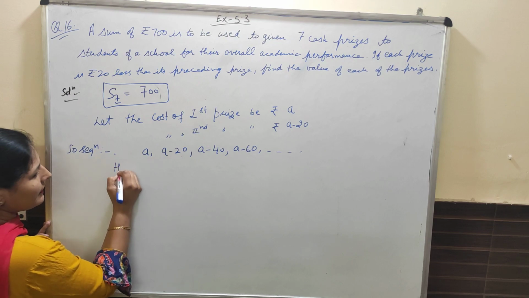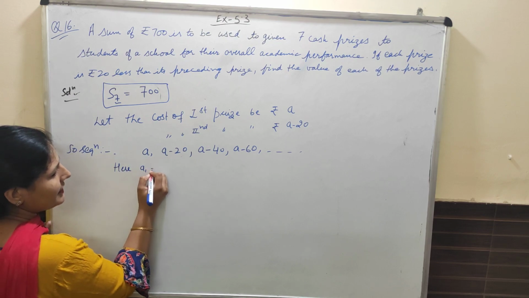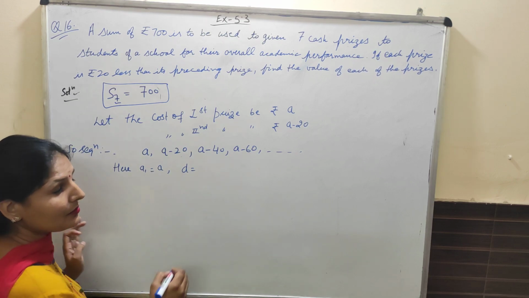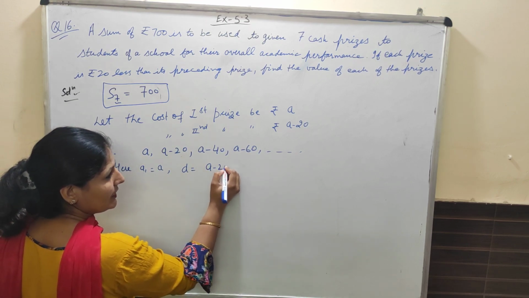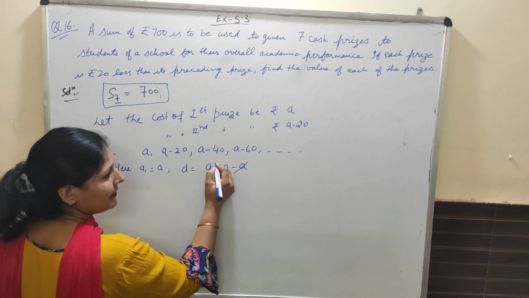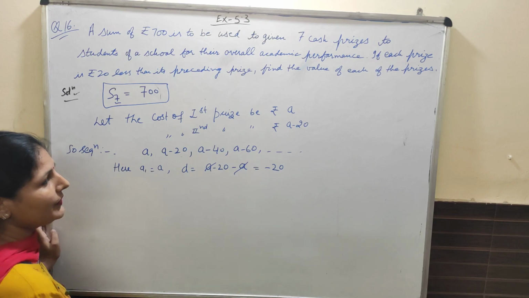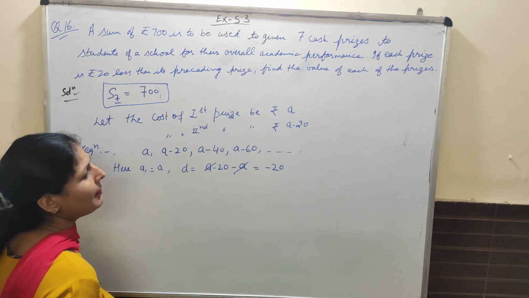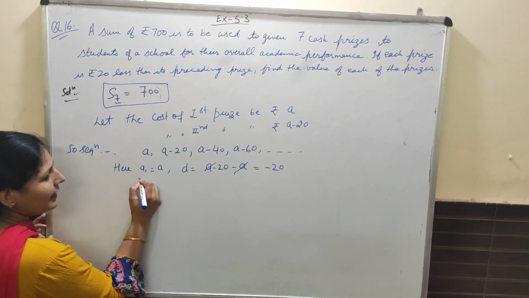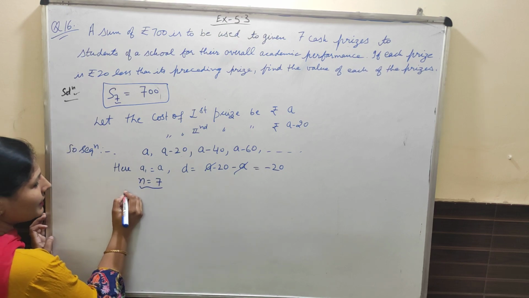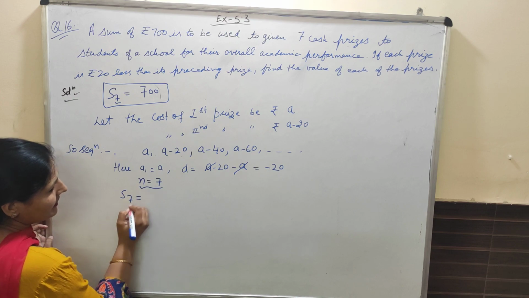Here the first term a1 is a. What is d here? A minus 20 minus a, you will get minus 20, because the next term is 20 less. So the value of d will be minus 20, and n is 7, because 7 cash prices. What is given to us is S7.